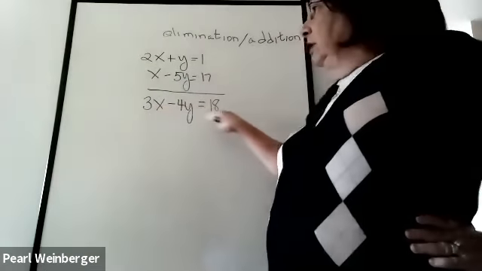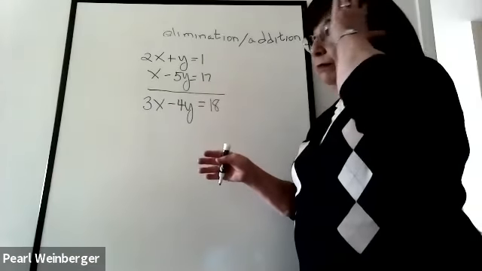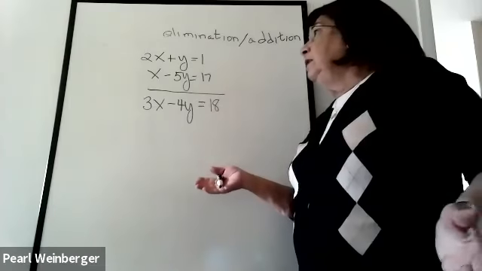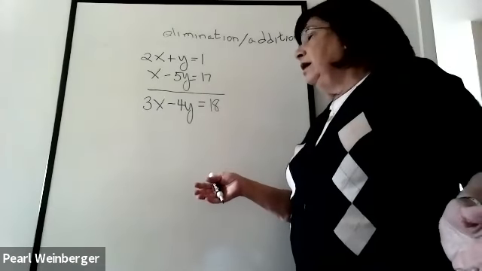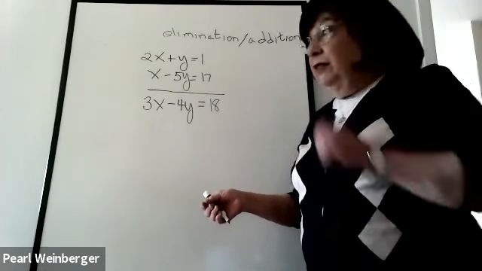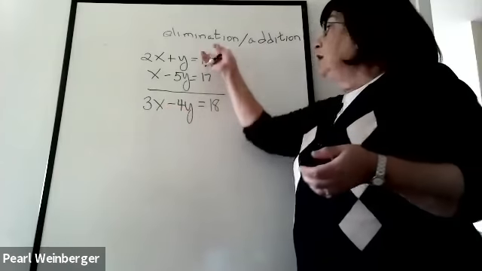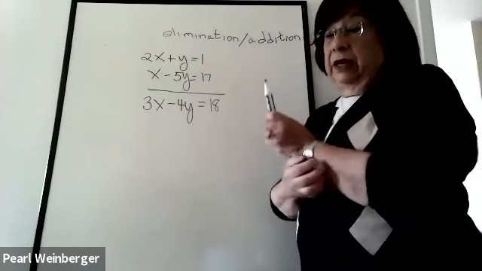Now, this is certainly a true statement. I added the two equations, I got a true statement. But what happened is I didn't get rid of any variable. And therefore, this new equation is no more help than either of the first equations that I had.